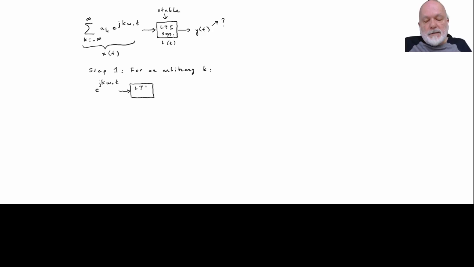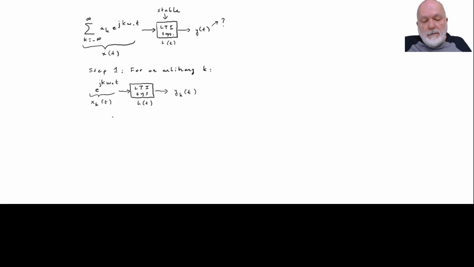Our system is the linear time invariant system, which is stable and with the impulse response h of t. So, how can we calculate the corresponding output? Let us call this input x_k of t and the corresponding output y_k of t, to just show the dependence on k.